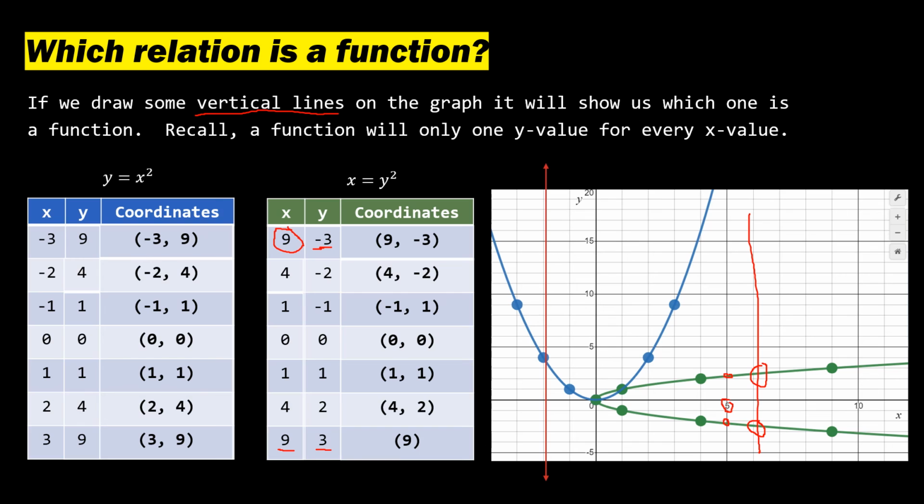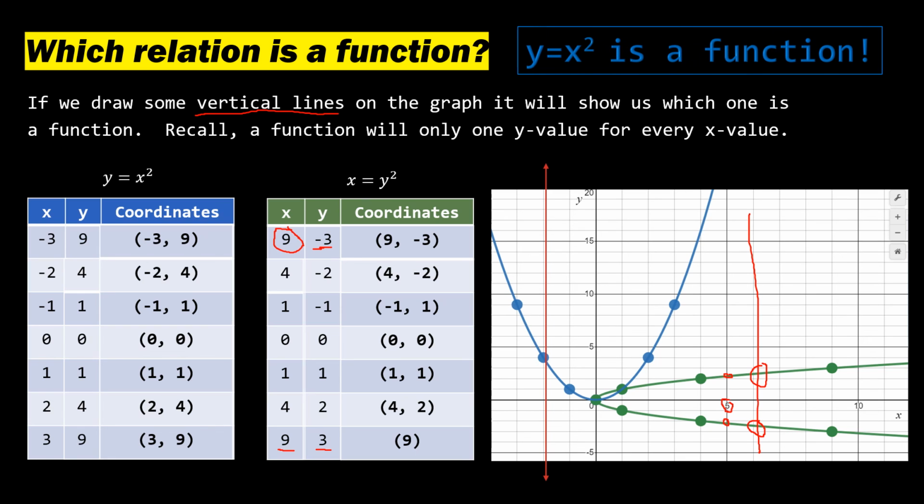We can see the blue graph definitely passes the vertical line test with that red vertical line moving across. It only intersects at one point. And we can see that in the table. We only see one value for x. That value is never repeated in the table. And each value has only one corresponding y value. So just y equals x squared is a function.